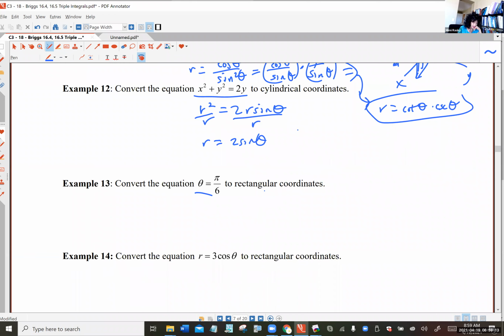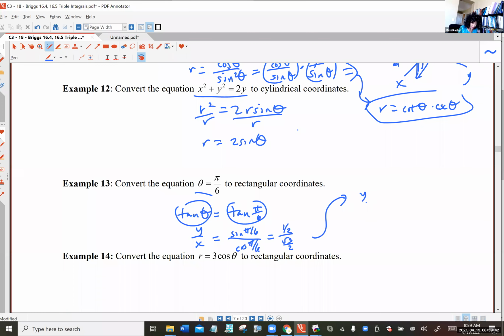How do you convert this to rectangular? Woo, this one's a little bit weird. If you take tangent of both sides, I know this seems kind of weird, and you use the conversion formula that tan theta is the same as y over x, and tan pi/6, well, that's sine of pi/6 over cos of pi/6, and if you use your knowledge of sine and cosine of pi/6, you'll get that.